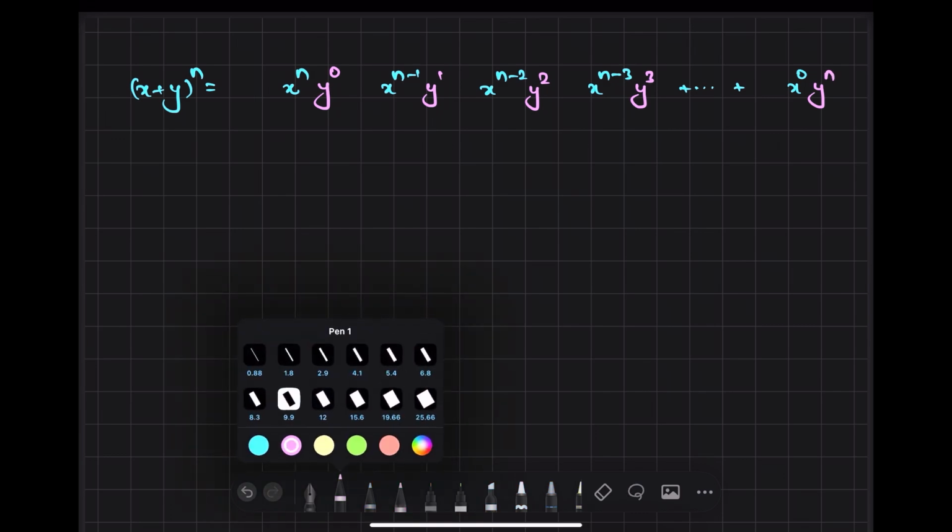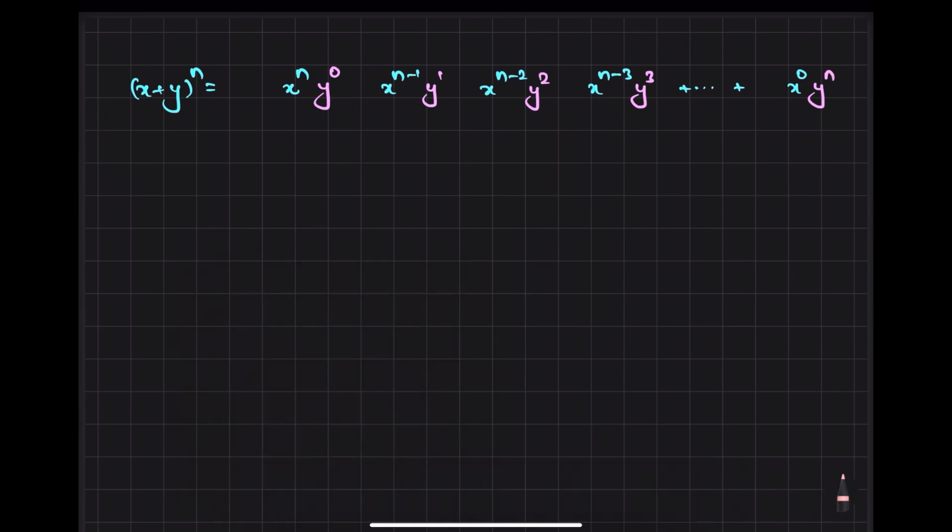Now the point was to find the binomial coefficients a, b, c, d and so on. So we will study how to find the coefficients of these binomial terms.